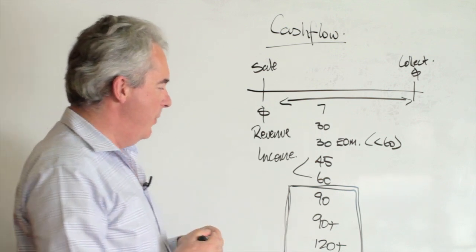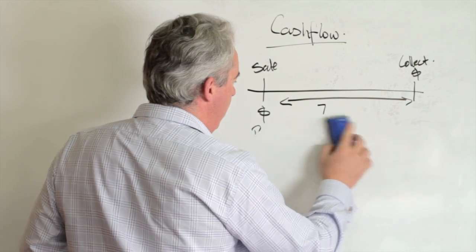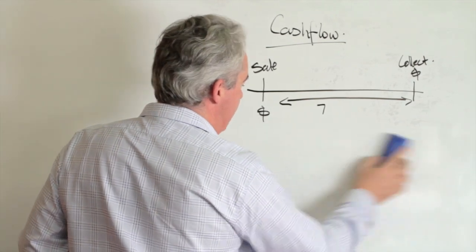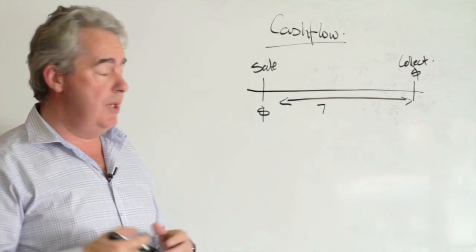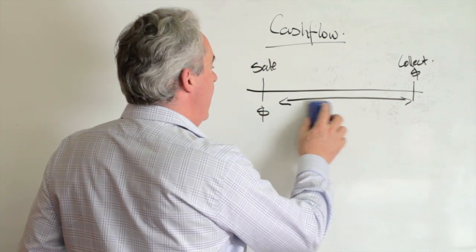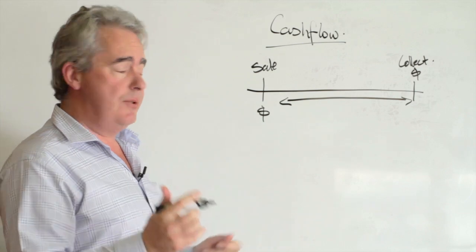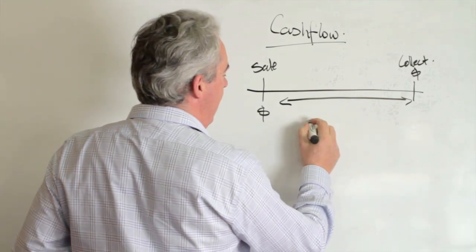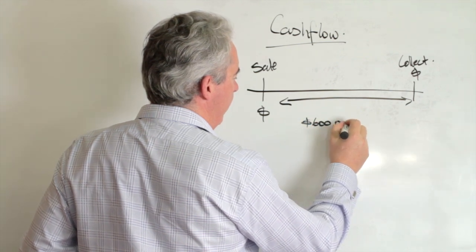I'll give you an example. One of our customers runs a trading business. They supply product to a range of businesses around our region. We did some modelling for them on their cash flow, and we worked out their debtors account, their accounts receivable account, runs at around, I think it was around $600,000.